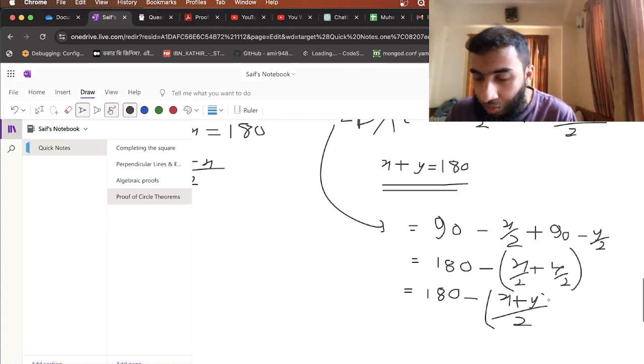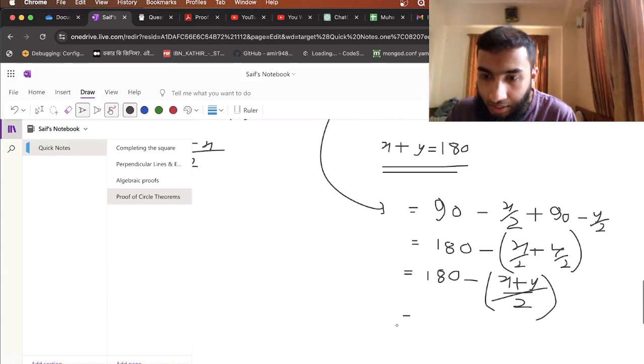So what is the value of x plus y? 180 degrees. So we can write 180 minus 180 by 2. So 180 by 2 is 90.